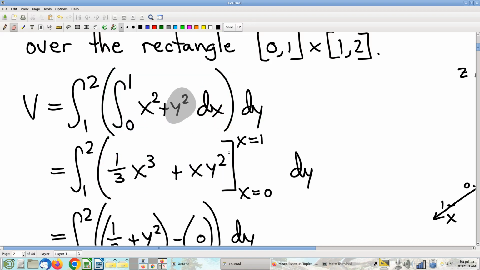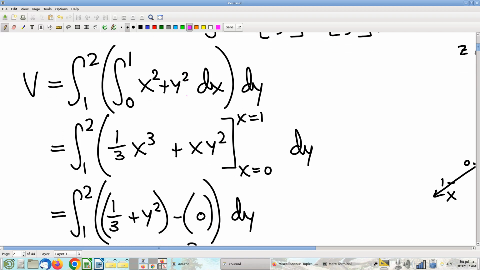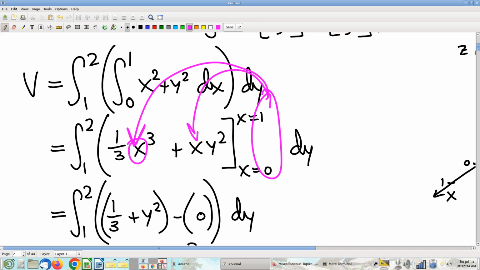Okay, the second little landmine that I like to point out is kind of a computational thing. Once you find the antiderivative, you've got to take these bounds here, and those are the values that you plug into that antiderivative. Here's the mistake that a lot of people make. They think, hey, look at me plugging in numbers for my variables.